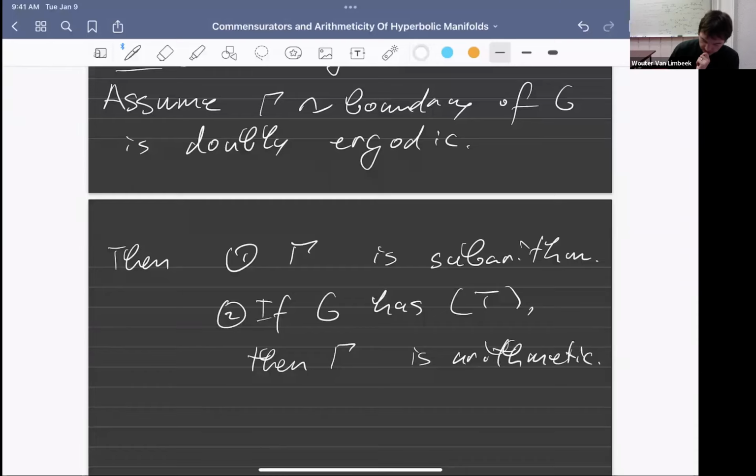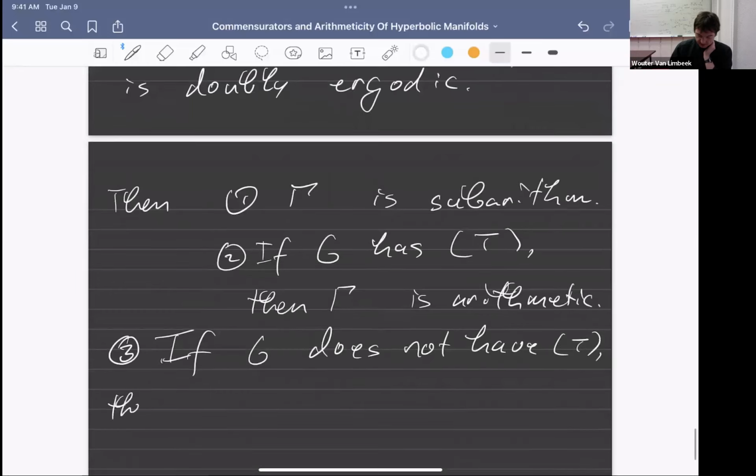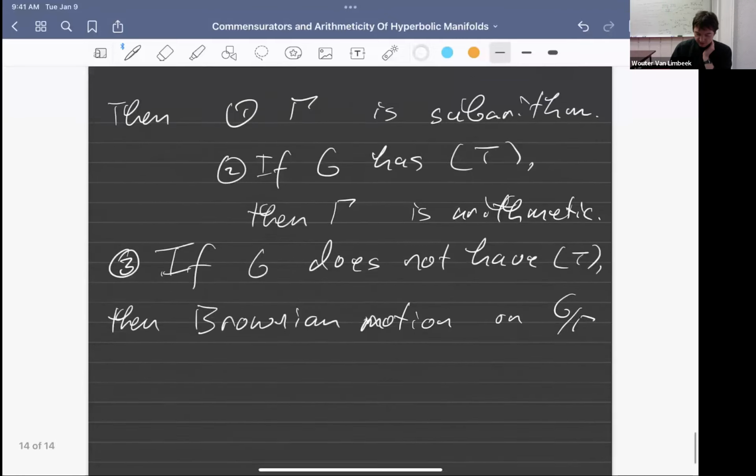And now, an interesting phenomenon is that if G does not have T, then the following happens. Then Brownian motion on G mod gamma is recurrent.